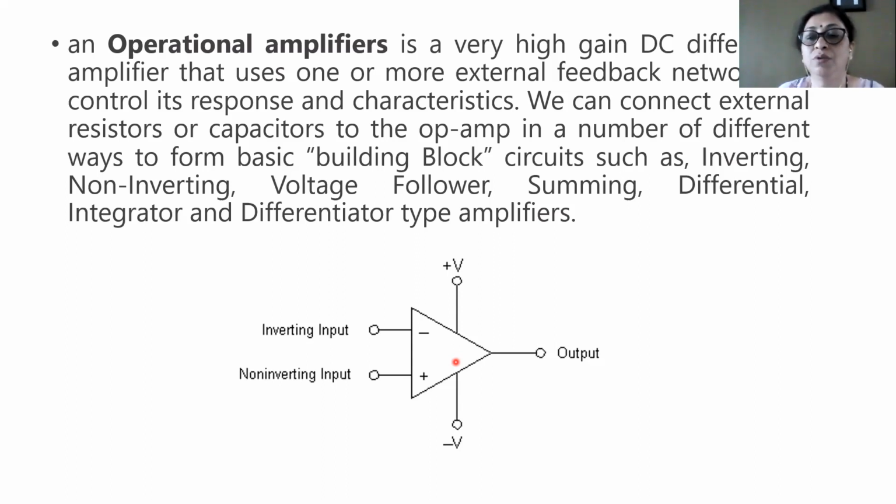Basic building block means to construct any circuit you can use an operational amplifier. That is the meaning of this. For example, suppose you consider constructing a wall, then what is its basic building block? The basic building block of the wall is brick, isn't it? With the help of bricks we are going to construct a complete wall.